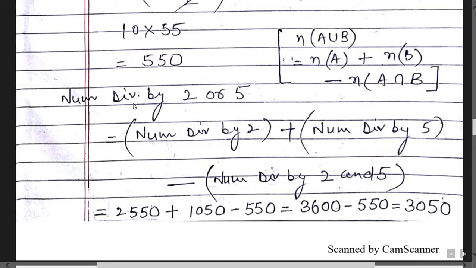If I have to find the numbers divisible by 2 or 5, I write the numbers divisible by 2, plus numbers divisible by 5, minus numbers divisible by 2 and 5. It's 2550 plus 1050 minus 550. It's 3600 minus 550. The answer is 3050.